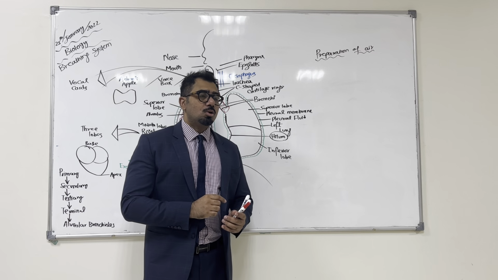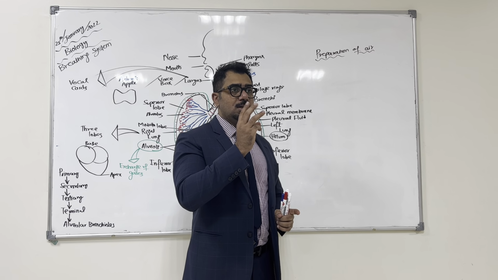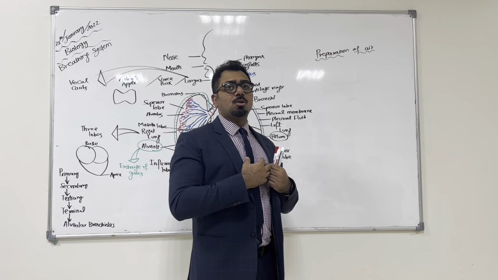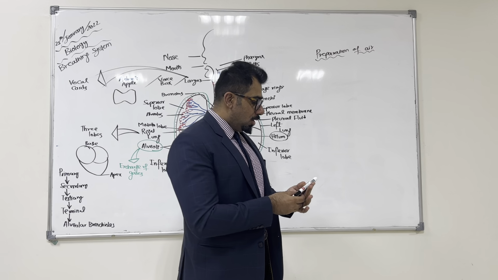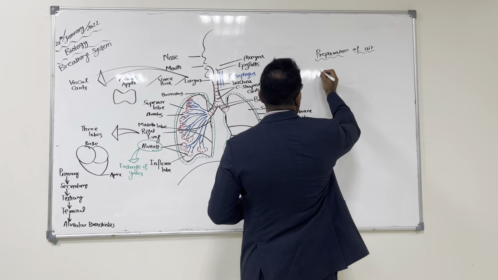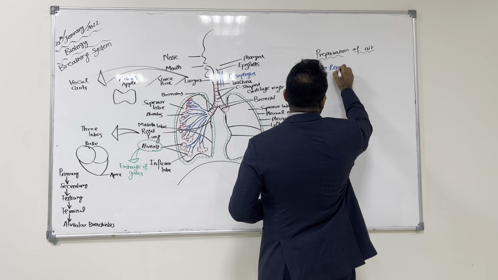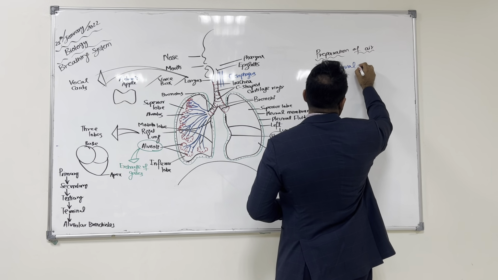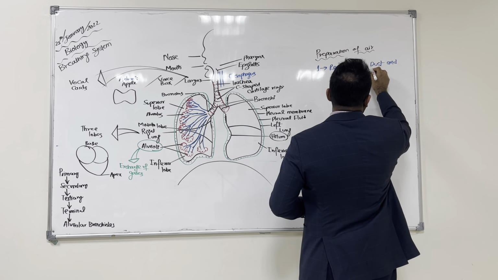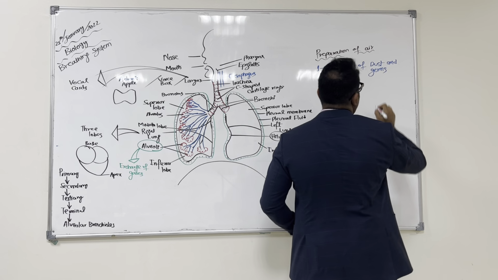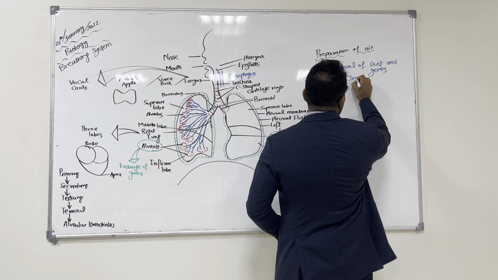Okay. So the air should be prepared in 3 ways for better absorption of the oxygen into the blood and removal of the carbon dioxide. For that purpose, first of all, there must be removal of dust and germs. Now this removal of dust and germs is called cleaning of air.